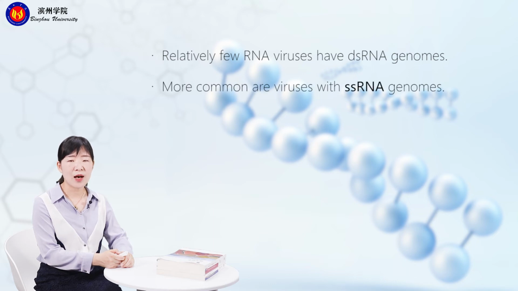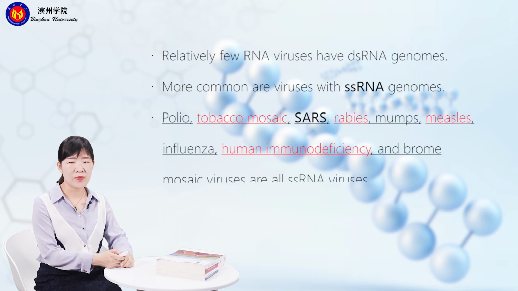More common are viruses with ssRNA genomes. Polio, tobacco mosaic, SARS, rabies, mumps, measles, influenza, human immunodeficiency, and Rome mosaic viruses are all ssRNA viruses.